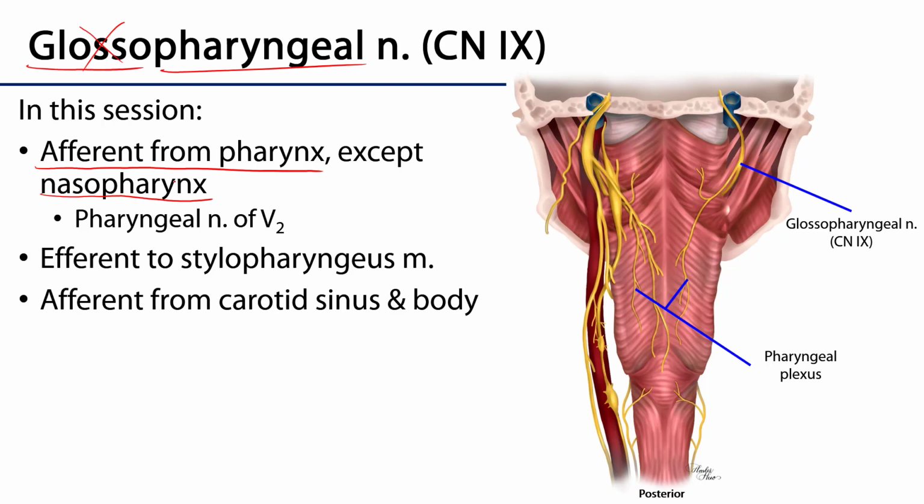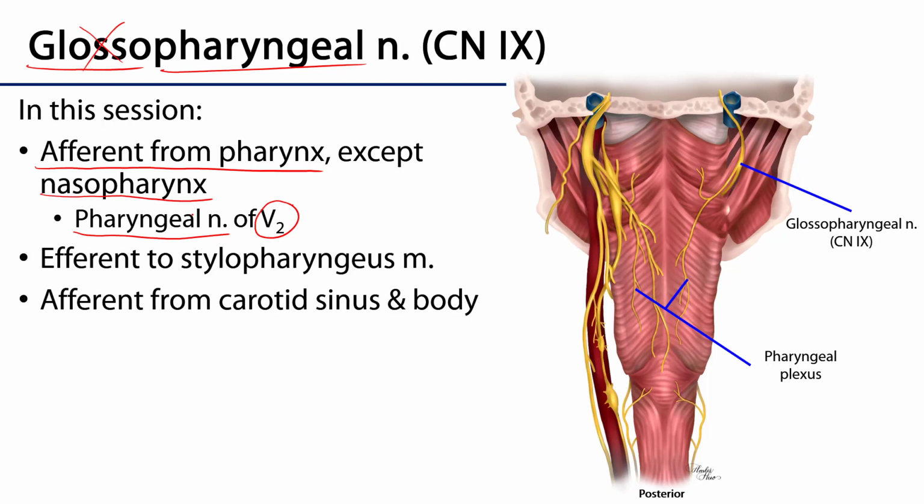This particular portion of the pharynx is served by a division of the trigeminal nerve called the maxillary division of the trigeminal nerve, or V2, and the specific branch is aptly named the pharyngeal nerve of V2.